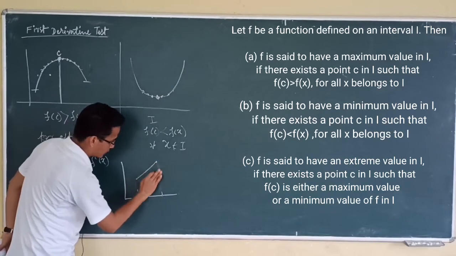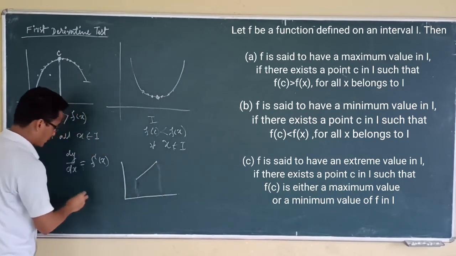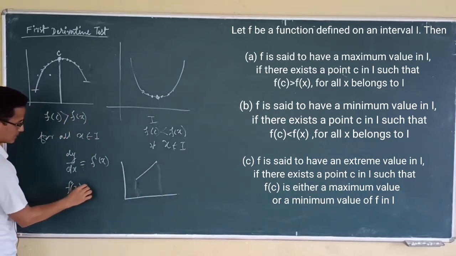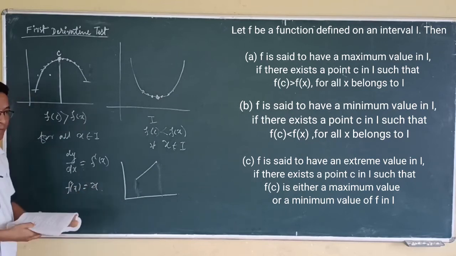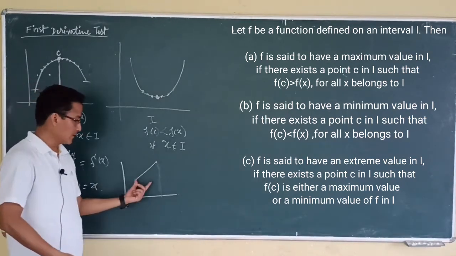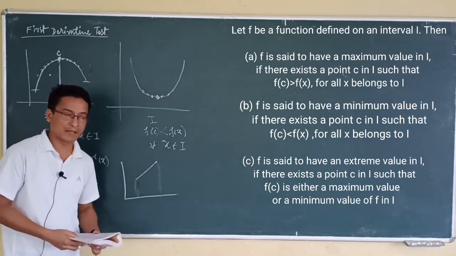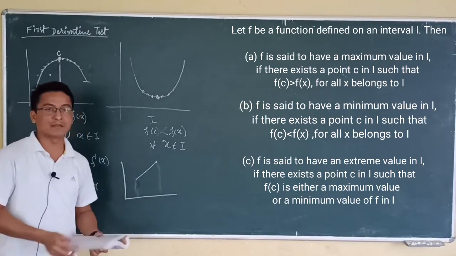If you draw the function f of x equal to x, it passes through here. For this function, which value is maximum and which value is minimum?